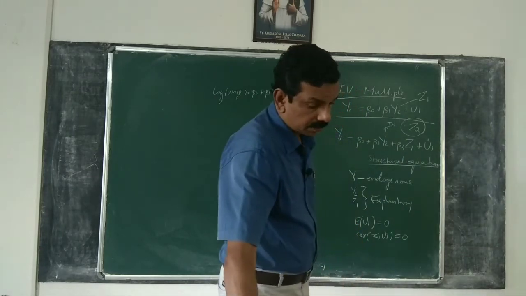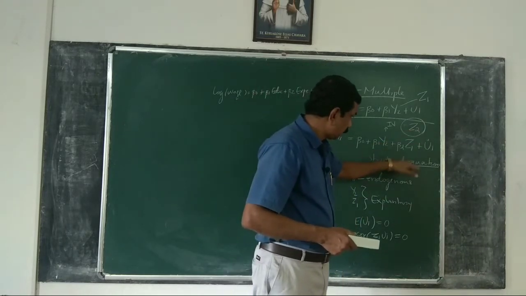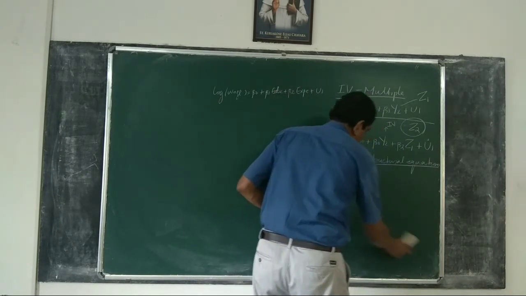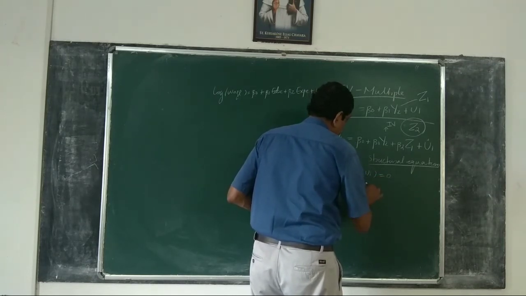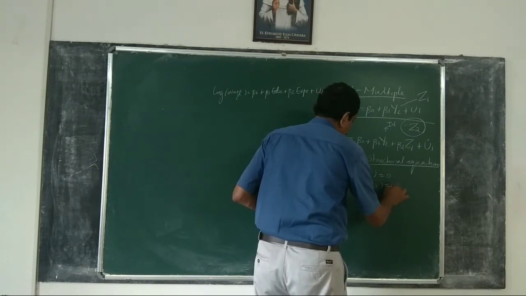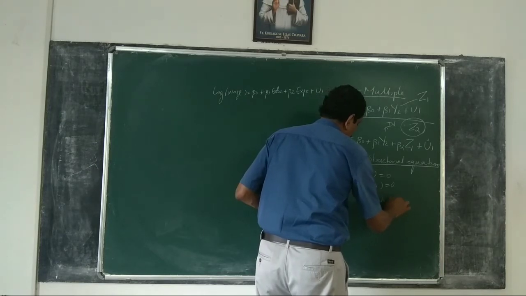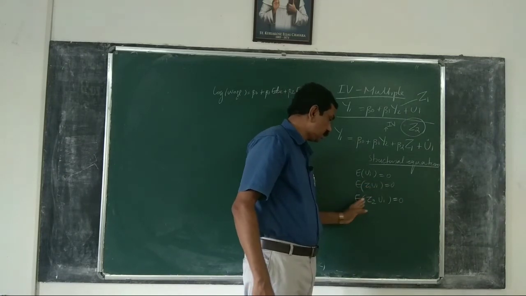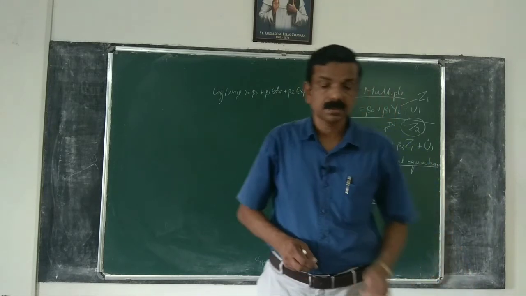So we require another variable z2, and the key assumptions are: expected u1 is equal to 0, expected z1 u1 is equal to 0, expected z2 u1 is equal to 0. These are the key assumptions.